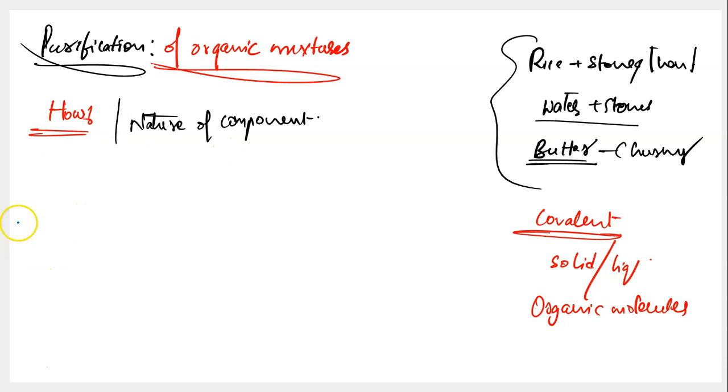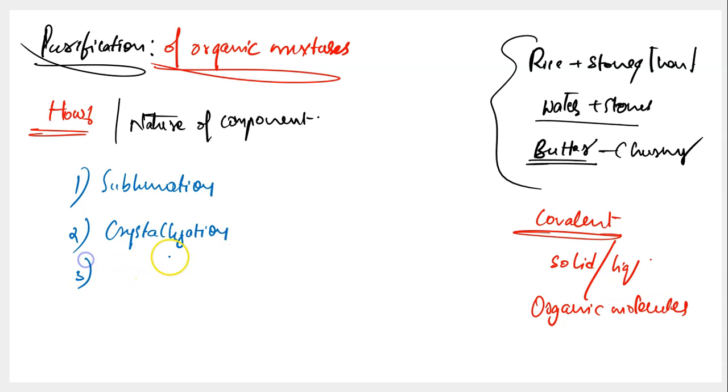So let me first of all list those separation techniques or purification techniques. The very first one is sublimation. Sublimation is one of the purification techniques that we frequently get to observe in case of organic mixtures. The second one is crystallization. Crystallization is another separation technique.